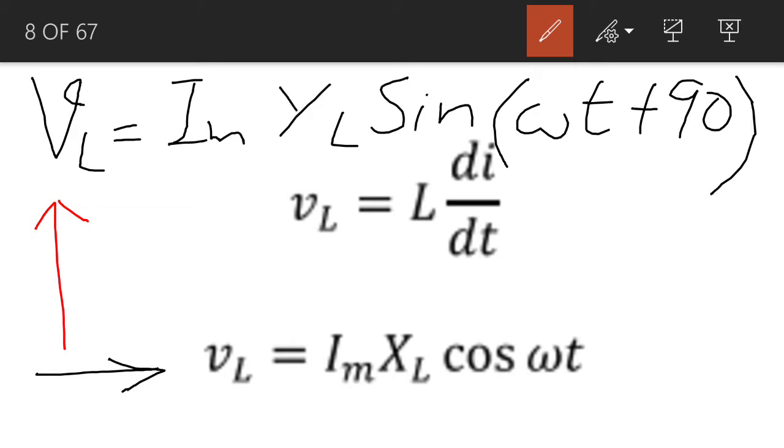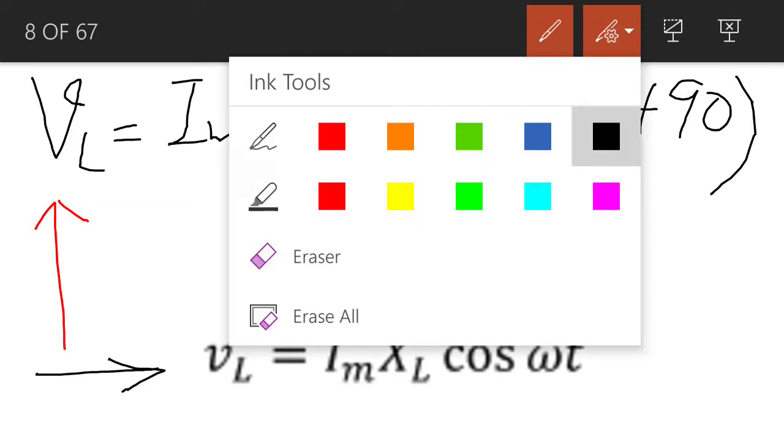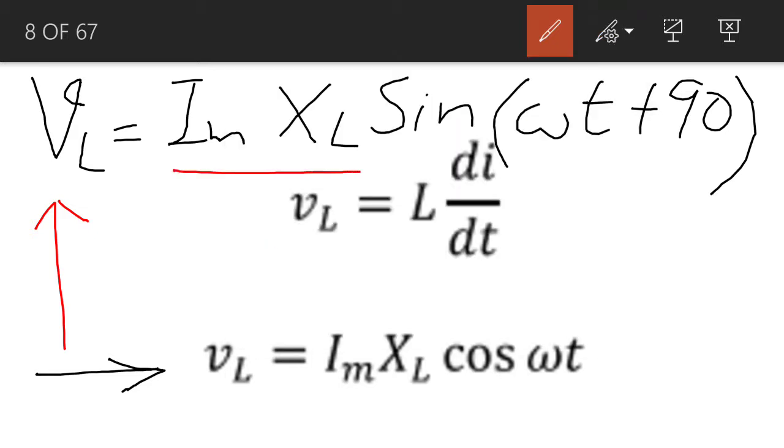Here is the maximum value of this voltage, and here is the phase angle of this AC voltage. So the maximum value of this AC voltage is Im XL, and the phase angle of this AC voltage is 90 degree. So what we conclude?